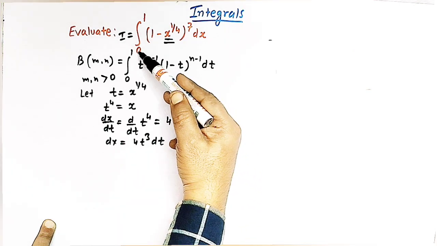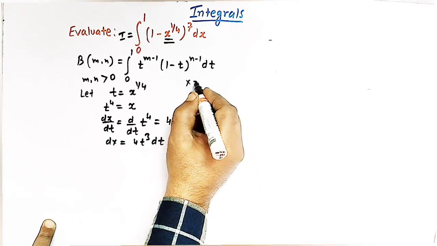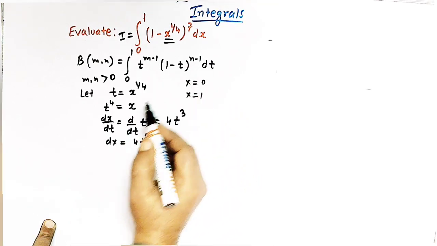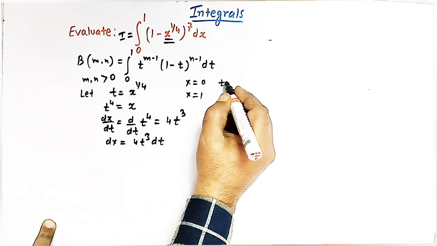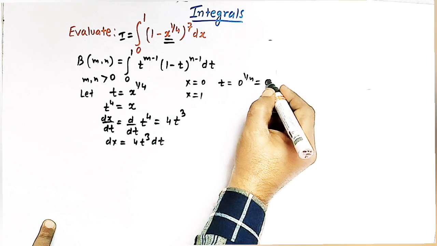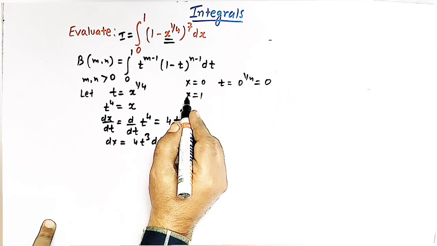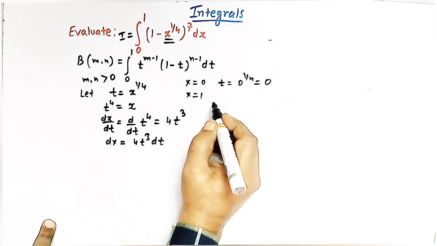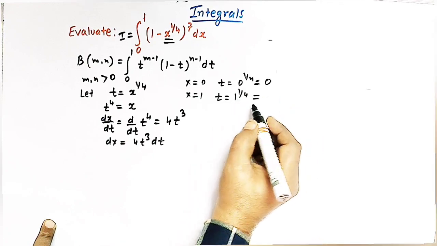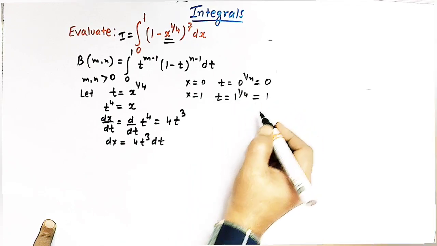Now here the limits of integration vary from x is equal to 0 to x is equal to 1. So when x is equal to 0, then the value of t is 0 raised to 1 by 4, that is simply 0. And when x is 1, then the value of t is 1 raised to 1 over 4, that is equal to 1.